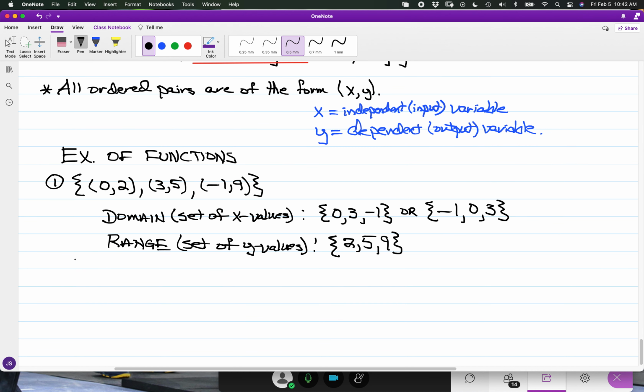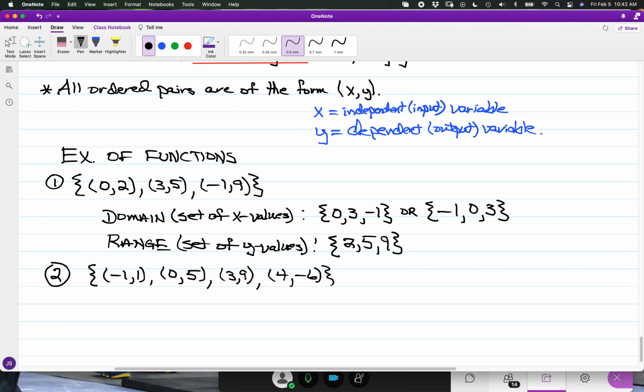Now, another case of what we have regarding functions. Let's say we have (-1, 1), (0, 5), (3, 9), as well as (4, -6). This is also going to be a function.